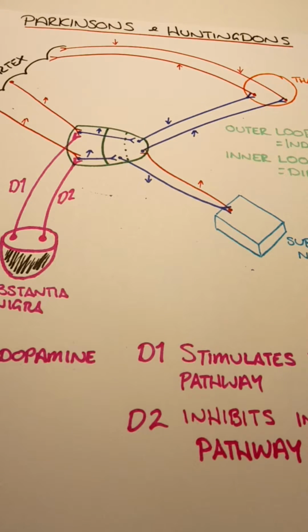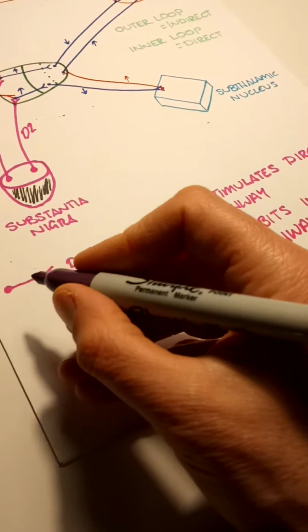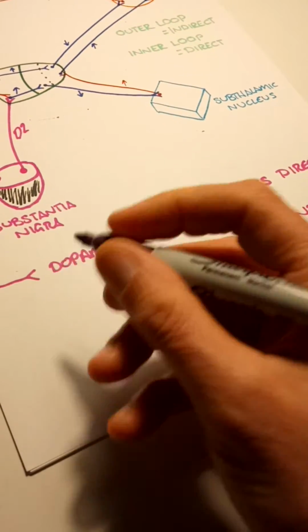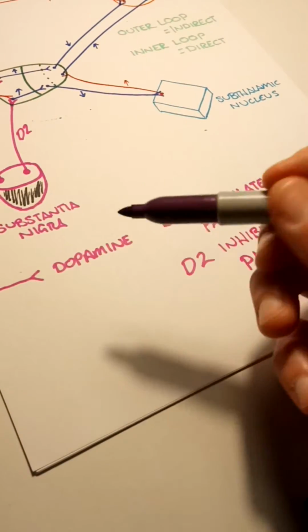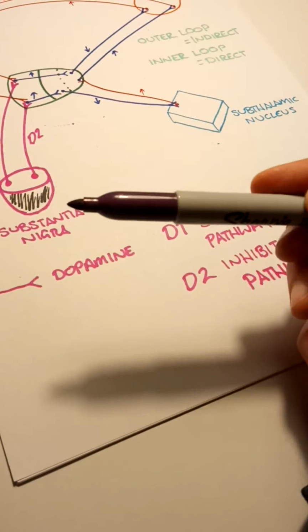Anyway, right. What does dopamine do? So dopamine is responsible for fine control of movement, of fine tuning. It fine tunes the direct and indirect pathway, so you've got smooth movement.